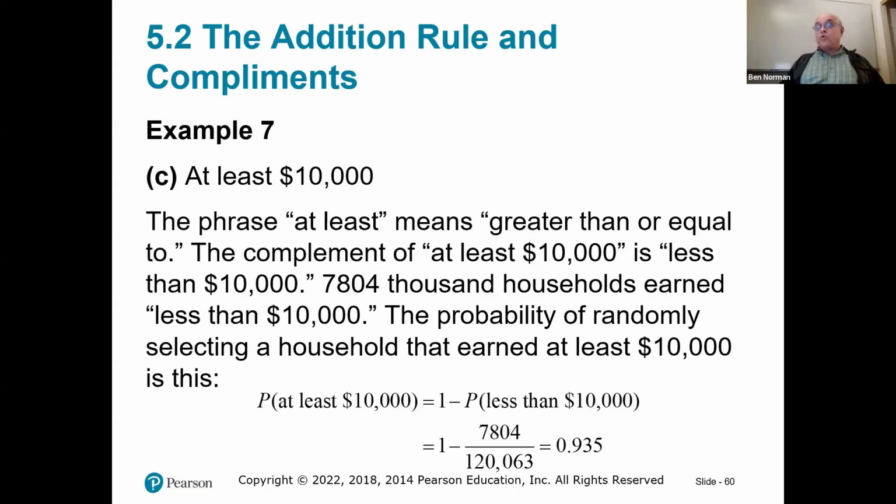There are fewer levels that satisfy less than 10,000 than there are that satisfy at least 10,000. In fact, there's only one level that satisfies that. We just take that one, calculate its probability, and subtract it from one. Now you could do it the other way, the long way, and that's fine.